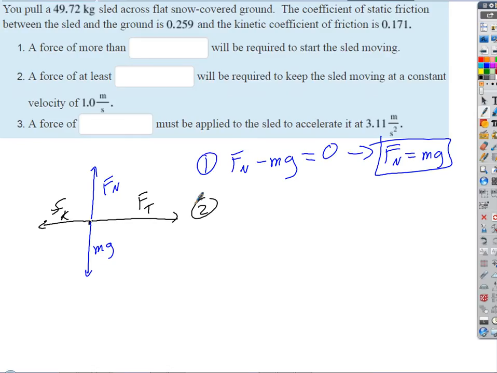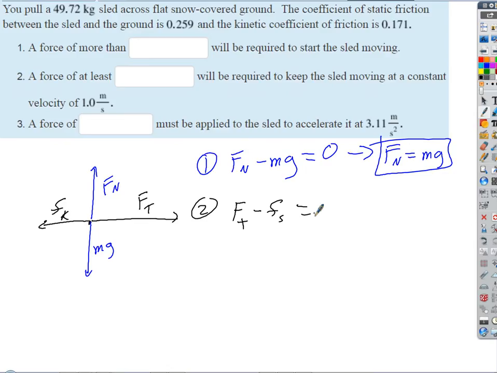In this part right here, if we're just gonna break the sled free, let's pretend that we haven't quite broken it free. We're increasing and increasing and increasing the tension, but it hasn't quite broken free yet. What's going on then? What's the net force? Tension is pulling in the positive direction, minus static friction, I guess, equals what?